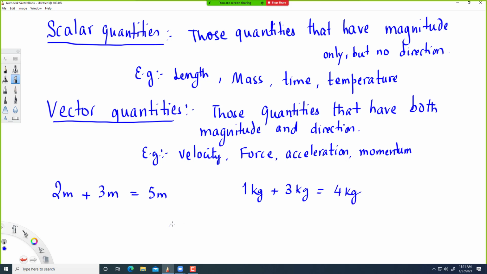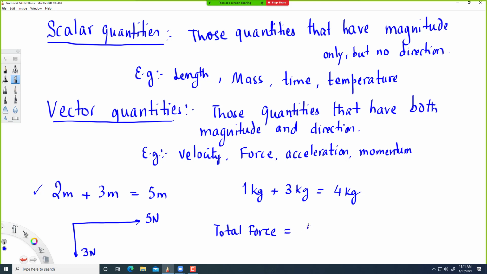But when you are dealing with vectors, you cannot add them using this ordinary addition and subtraction. You will need to use something called vector addition. We'll be talking more about that in the next lecture. So for example, let's say I apply some force in this direction, let's say 5 Newton force, and then I apply some force in this direction, let's say 3 Newton force. So what's the total force that I applied?